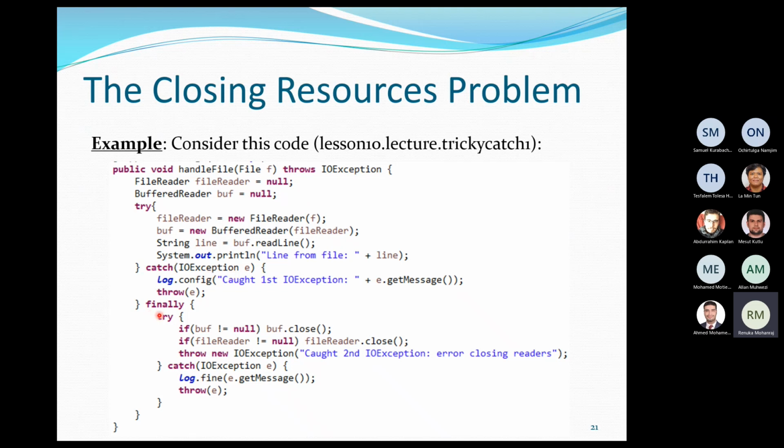Inside the finally block, I try to close my resources, right? If you have an exception, it will go to the catch block. If you don't have an exception, what will happen? It will come to your finally block. When I try to close my resource, you may get an exception while closing it. So how can I handle that situation?